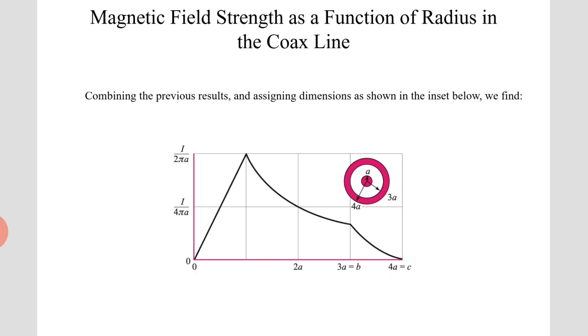As per the graph, the radius can be a, 2a, 3a, or 4a, and based on that you get a value of magnetic field intensity, I by 2 pi a, or I by 4 pi a for radius 2a, and so on. As the radius increases beyond the inner conductor, the magnetic field intensity decreases. So this is one application of the coaxial transmission line, that is, the application of Ampere's circuital law. The remaining sections we will discuss in the next video.